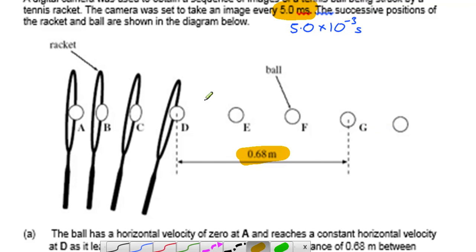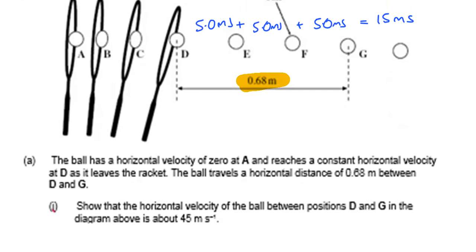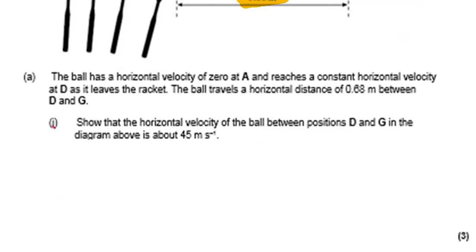So between D and E, 5 milliseconds, between E and F, 5 milliseconds, and between F and G, 5 milliseconds. Add up the times and you get that it's 15 milliseconds between D and G. So you have a total time of 15 milliseconds, a total distance of 0.68 meters.